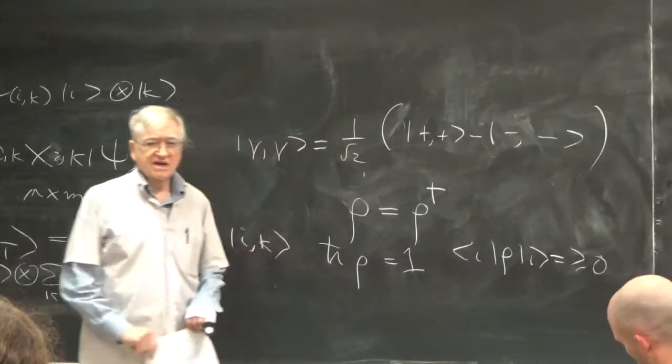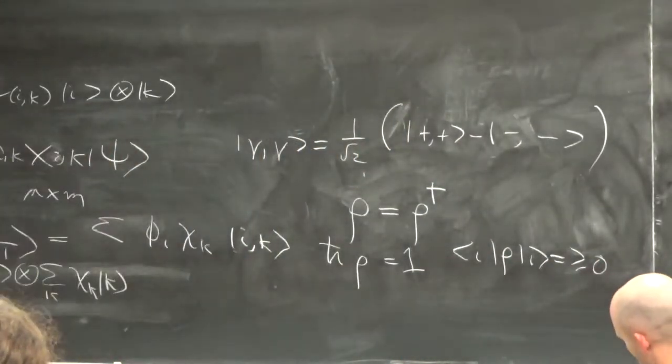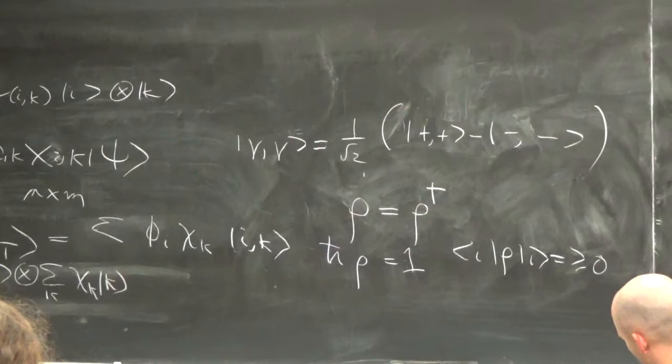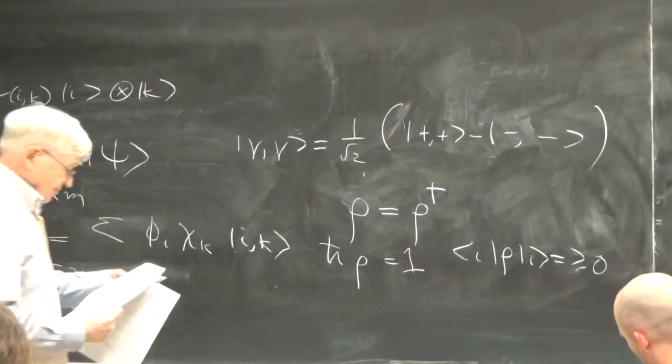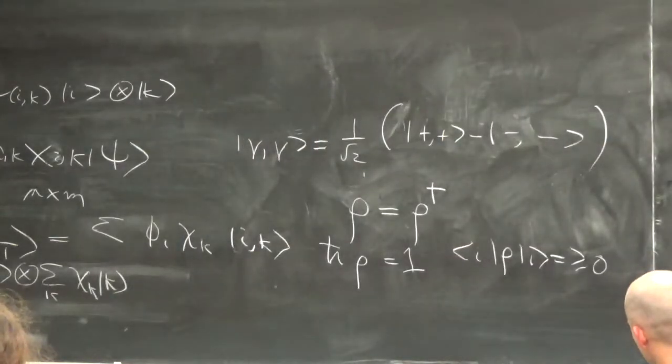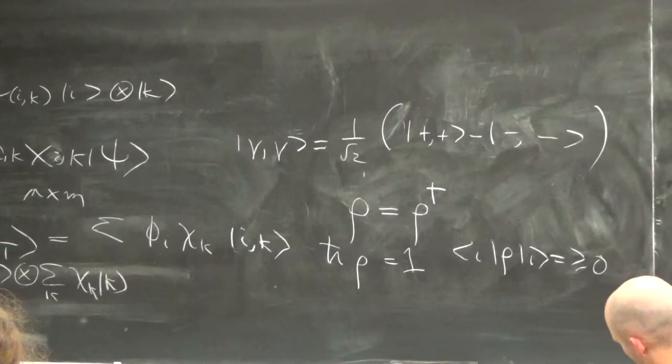That's called a density operator. A density operator is used to represent a quantum mechanical system where we just do not have complete information.